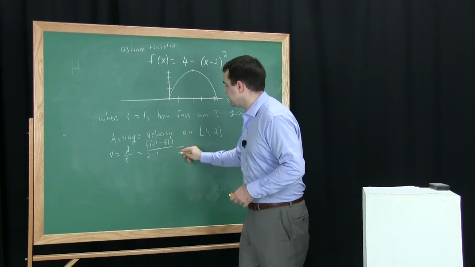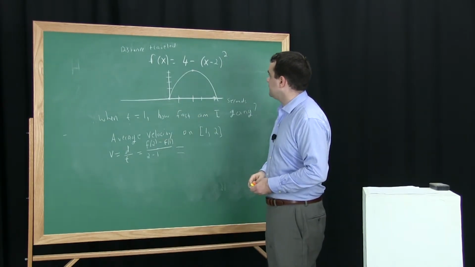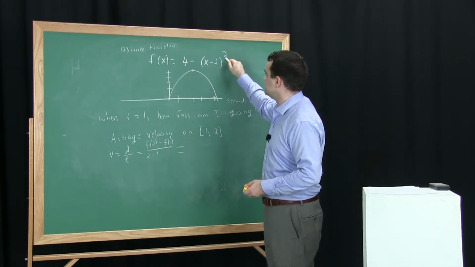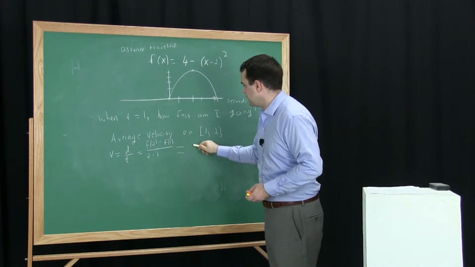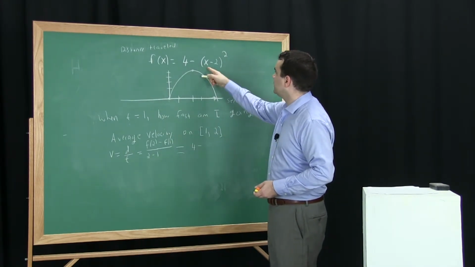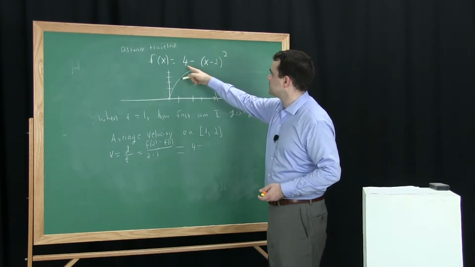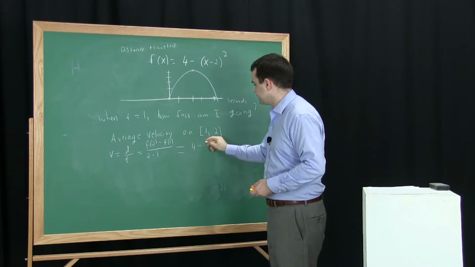And here I can actually figure it out because I can just plug into the formula. I can plug in 2 into f of x. I'm going to get 2 minus 2 is 0 squared, so I'm going to get 4 here. And then minus f of 1. Plug in 1, I'm going to get 1 minus 2 is negative 1 squared, gives me 1. So 4 minus 1 is 3.